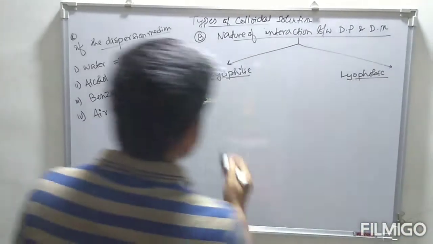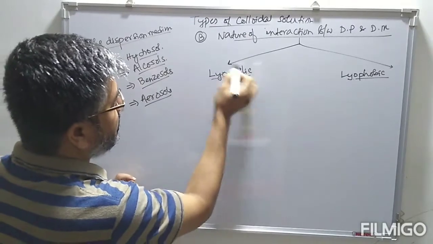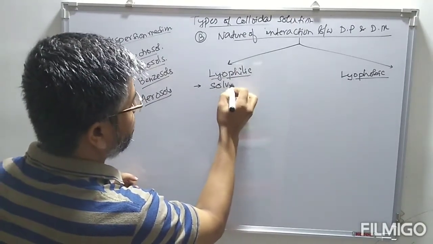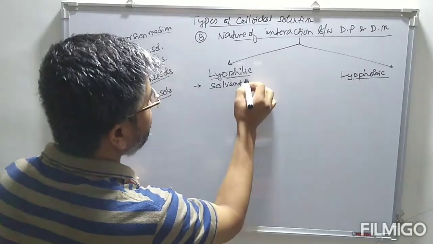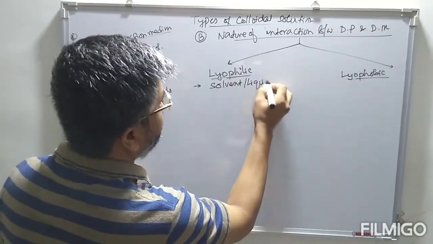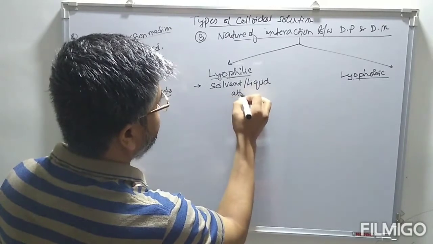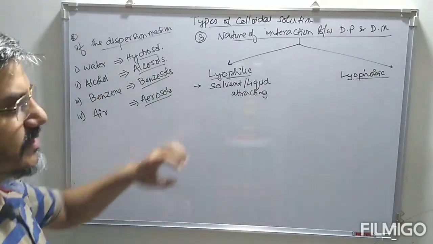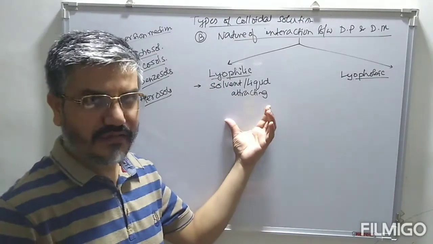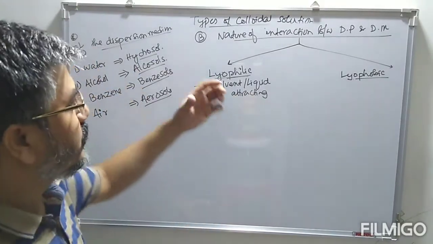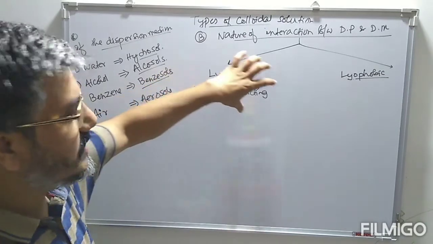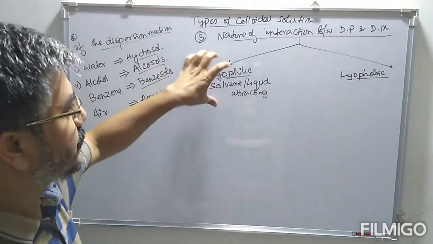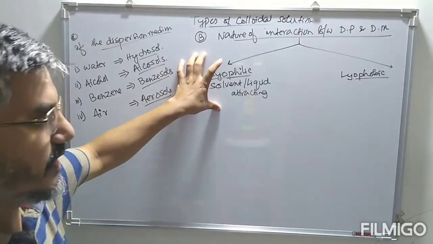Now this lyophilic, as the name suggests, means solvent attracting or liquid attracting. That means if there is a greater attractive force between the dispersed phase and dispersion medium, then those types of colloidal solutions are known as lyophilic.